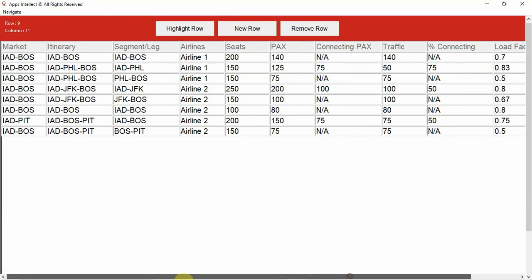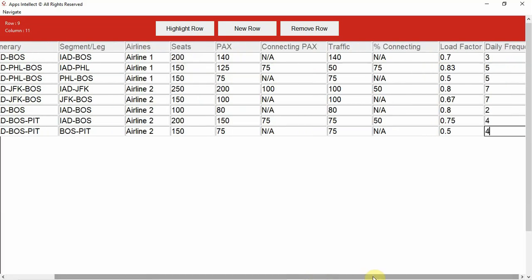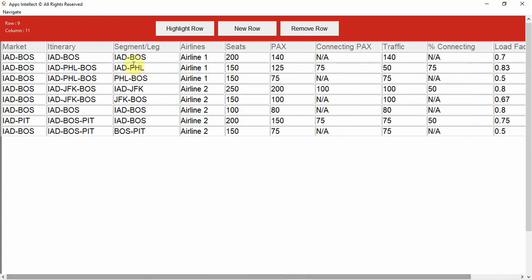Now we will compare the two airlines flying the same route, and we have assumed them having the same airfares and the schedules which are provided. Based on the schedules, we'll take a route to analyze. Let's take Washington to Boston for Airline 1.